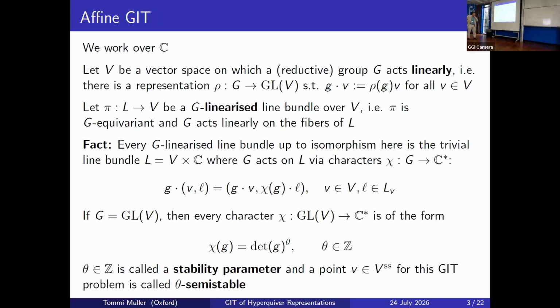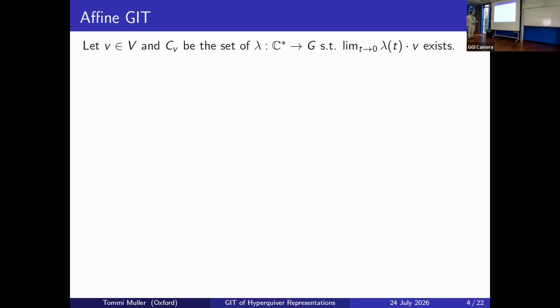First we're going to look at semi-stability and instability at the level of points. If v is a point in the vector space, we let C_v be the set of one parameter subgroups for which the limit under the one parameter subgroup exists.